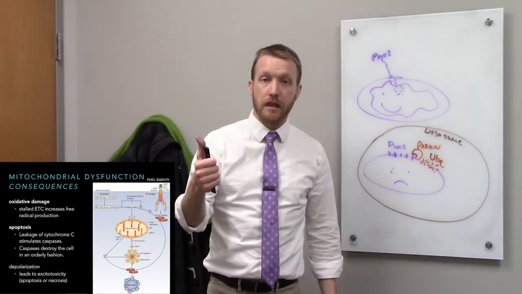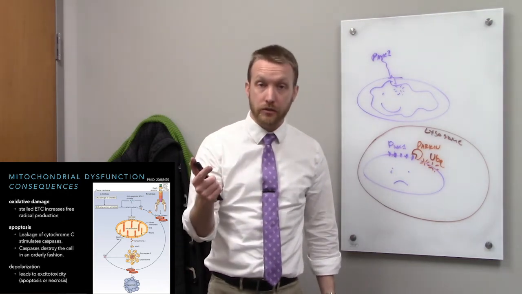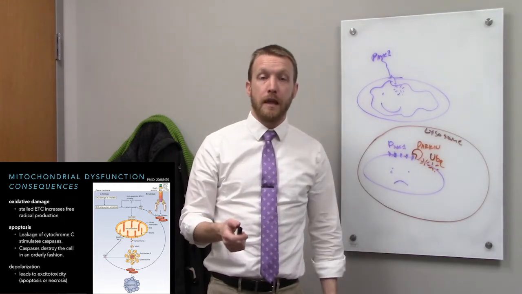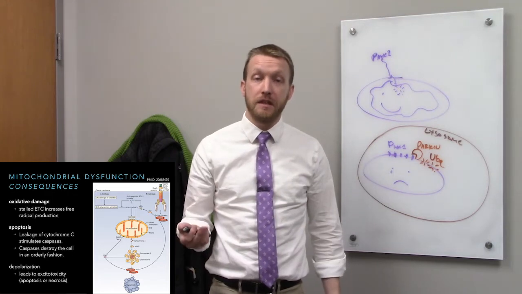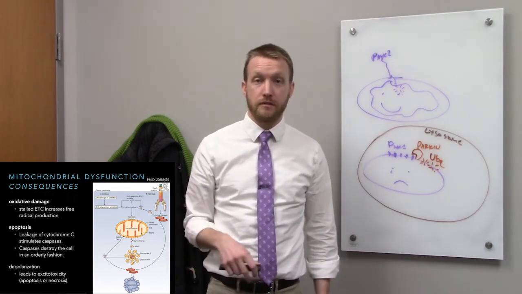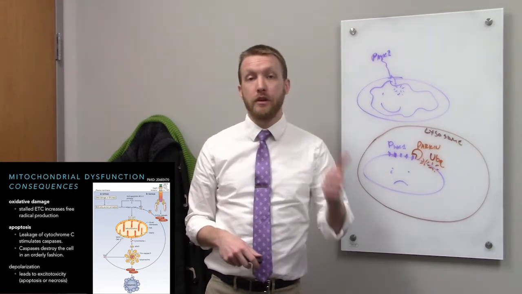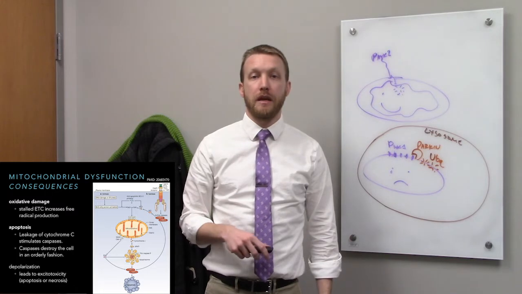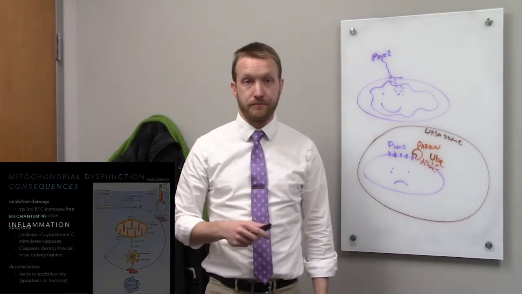Oxidative damage to the cell through the release of free radicals, triggering of apoptosis through the leakage of cytochrome C, and we're also not producing as much ATP. If we don't have enough ATP to fuel our pumps, we depolarize. And if we depolarize, we might experience excitotoxicity, either through necrosis or through further causing metabolic stress and leading to apoptosis.